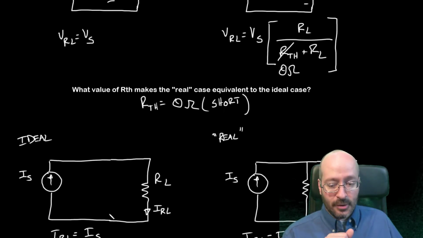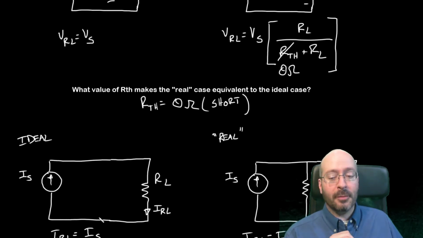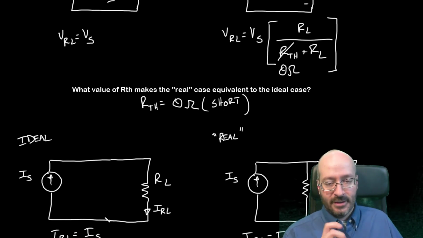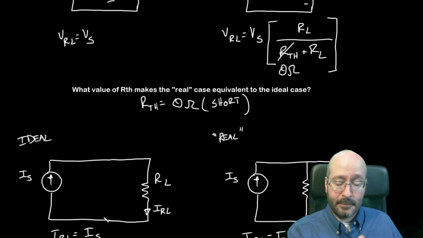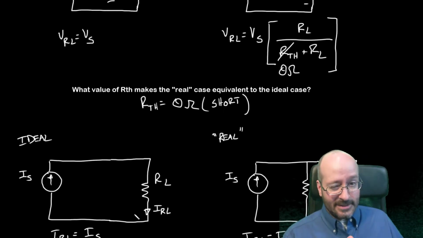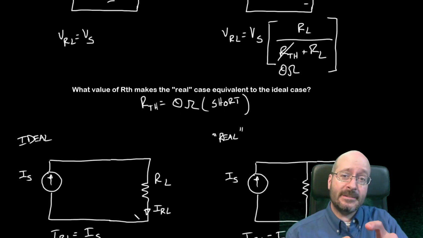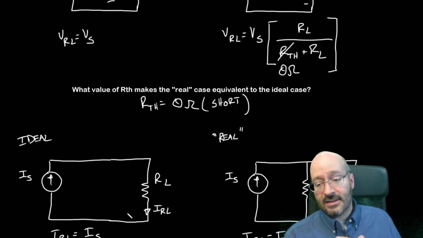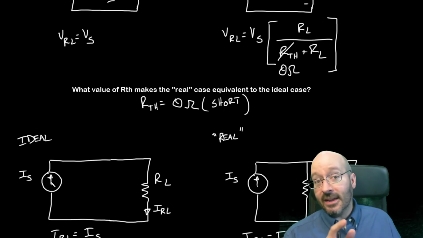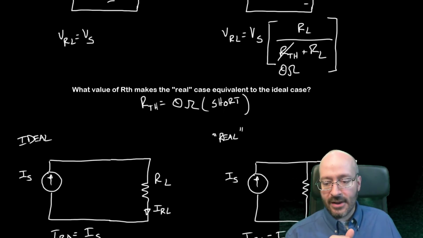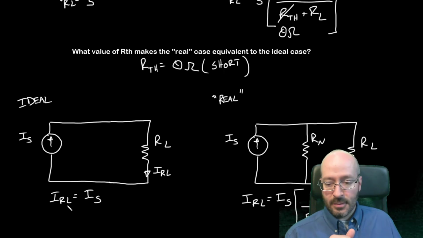It shares a node exclusively. Happens to share both nodes exclusively. So if we're thinking back to series, parallel, neither, both, this one is both. I'm interested in the series part, because that tells me that the load is going to carry the same current as the source. Okay, so IRL is going to be equal to IS.